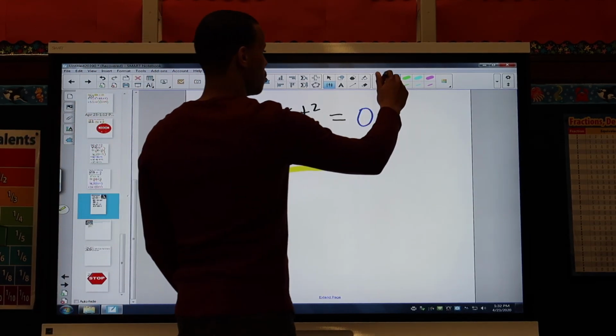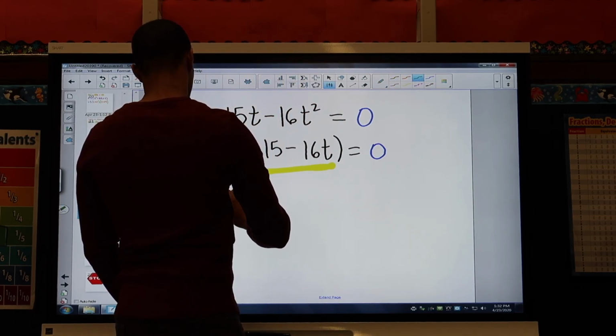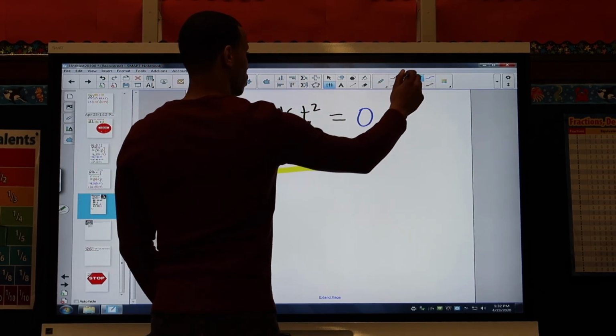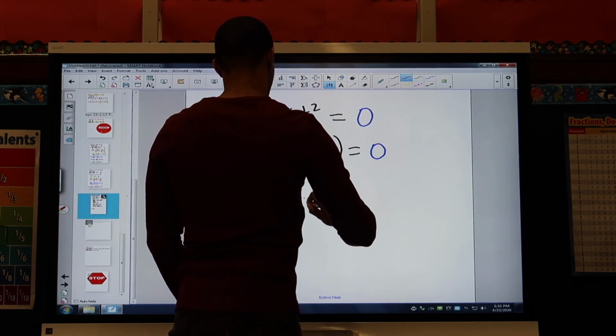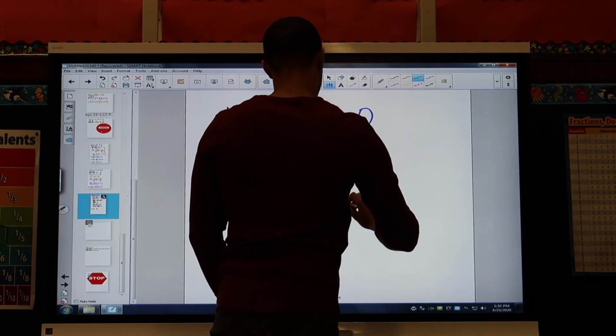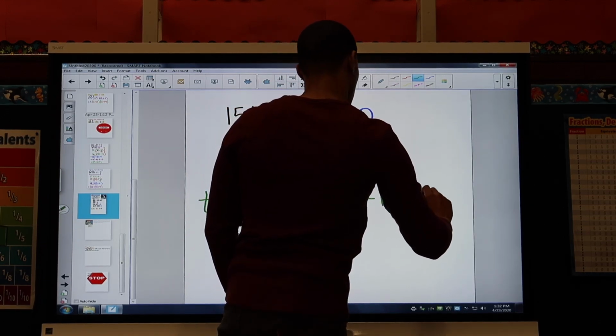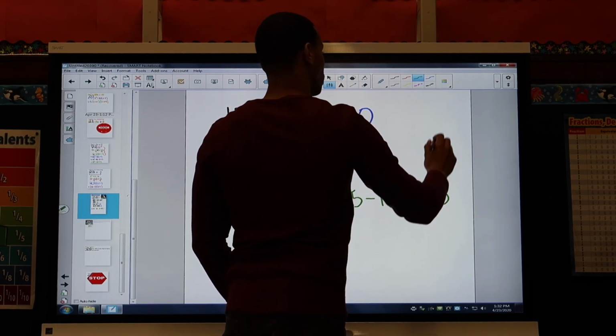So now, this will be equal to 0 when t is equal to 0, or when 15 minus 16t is equal to 0.